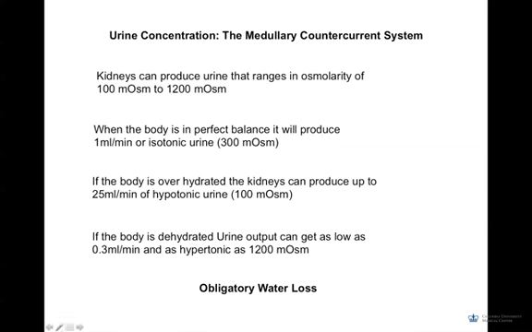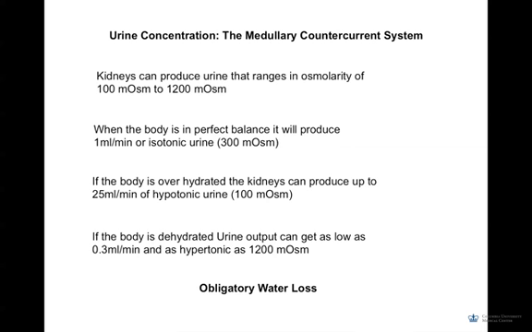If the body is dehydrated, we cannot stop producing urine. Assuming normal, healthy renal function, no matter how dehydrated the body is, we still have to produce urine because we still have to eliminate waste, and we cannot urinate crystals.